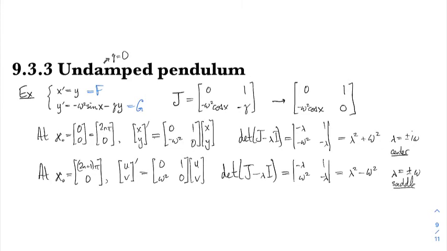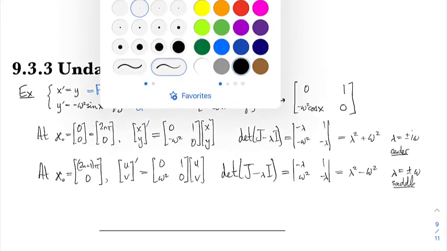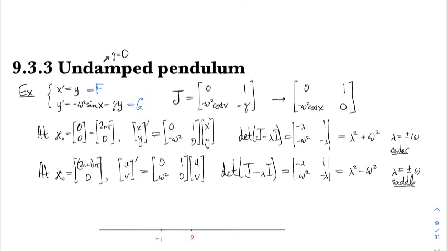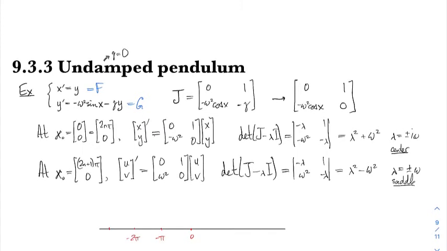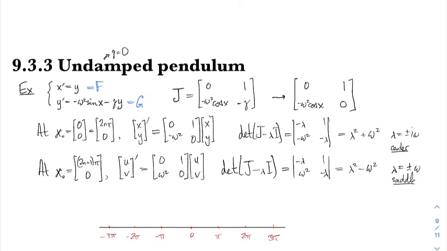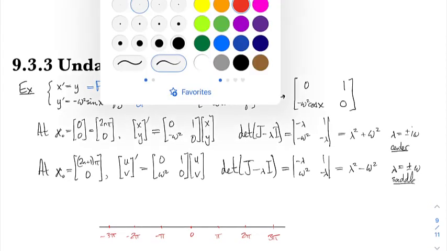So let's draw some of these here. We'll have 0 and minus pi, minus 2 pi, minus 3 pi, pi, 2 pi, 3 pi.